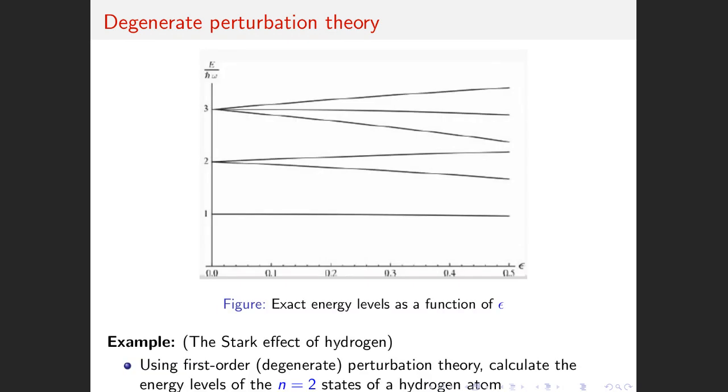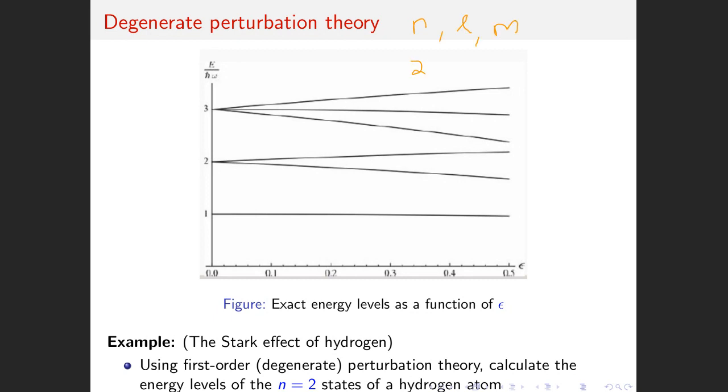If you read the problem, you have to use first order degenerate perturbation theory to calculate the energy levels of the n equals 2 state of a hydrogen atom. Now, the first thing that we have to check would be: is your state degenerate? If you look at n equals 2, you know that the hydrogen atom is labeled by n, l, and m.